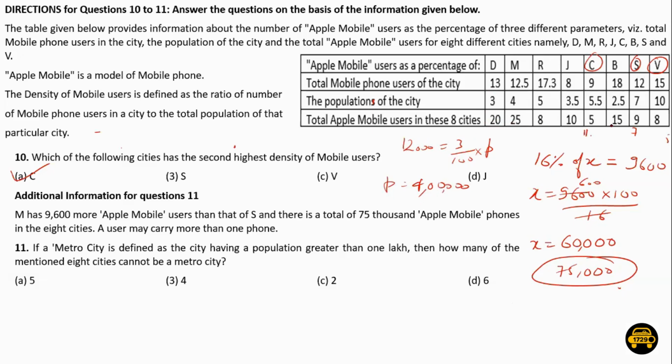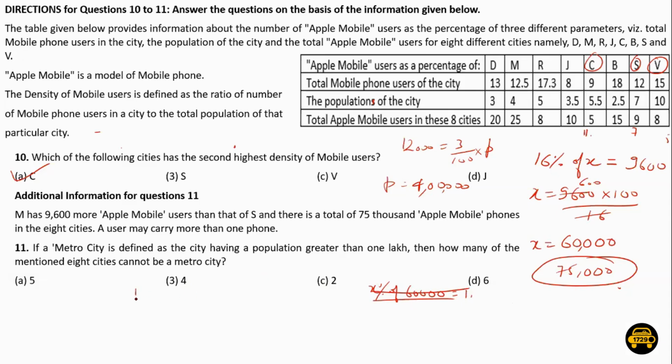Okay, so we can do it for every city. But to generalize it and make it easy for us, let's find a general formula for it. Let's take this example only. So we can see that X percent of 60,000, let's form an equation like this.